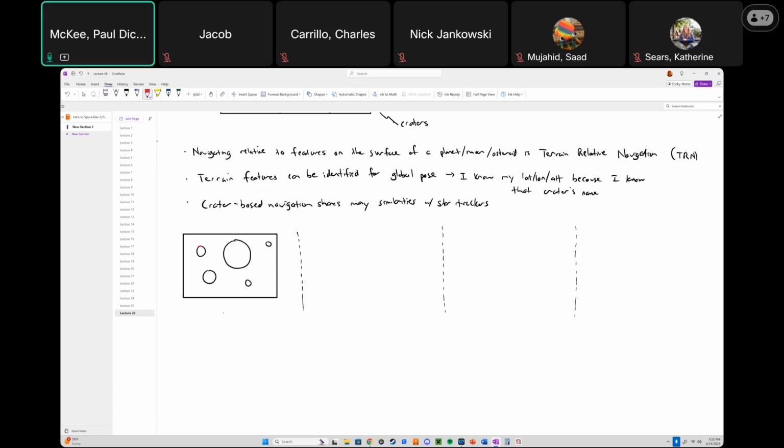And we're going to detect craters in the image and basically build a triangle of craters the same way that we detected stars and built a triangle of stars. Similar concept here. So this would be crater detection in an image.